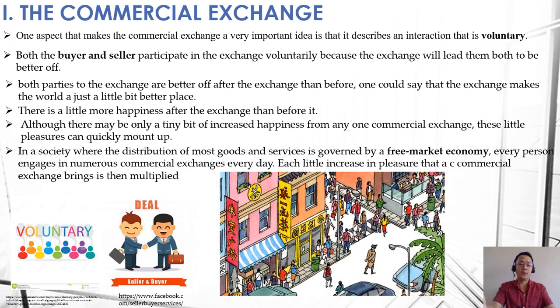In a society where the distribution of most goods and services is governed by a free market economy, every person is engaged in numerous commercial exchanges every day. Each little increase is a pleasure that commercial exchange brings in, and then they multiply.